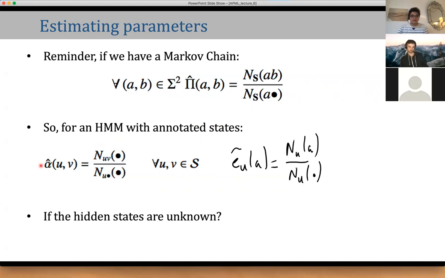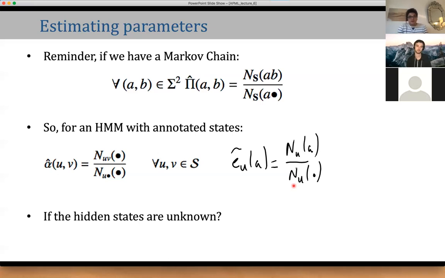So we can just estimate our alpha by counting the number of transitions from U to V. And for the emission probability, the emission of, let's say, observation A, given that we are in state U, we just count the number of times we have A when we were in state U, divided by the total number of states that we allocated as U. We segment the sequence according to the hidden states, and then we do a traditional maximum likelihood estimate.